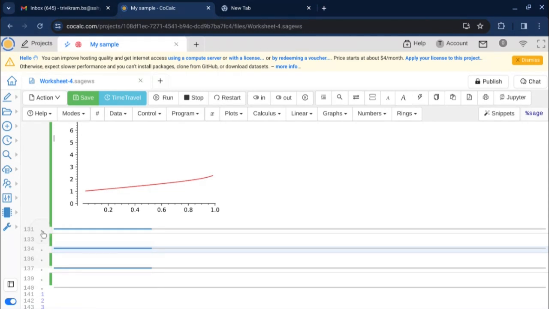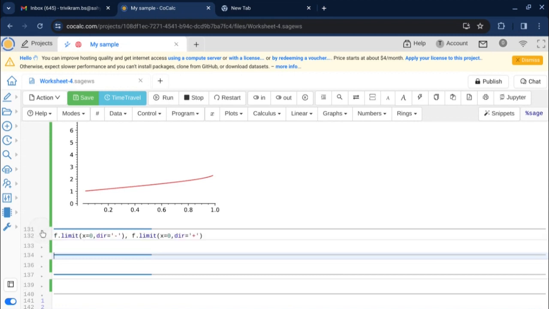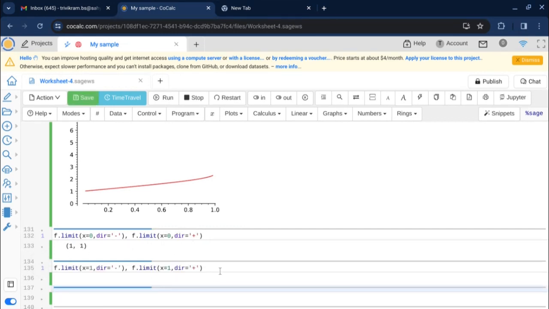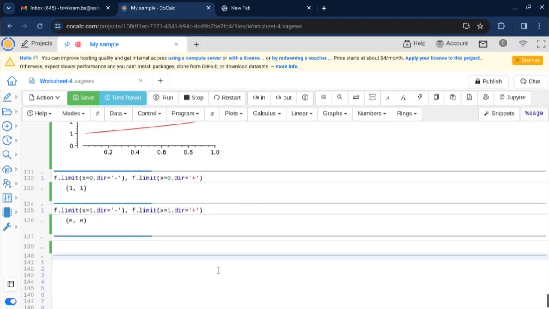Now I am going to find the left and right limits for this. 1 and 1 we will get, and since the left hand side and right hand side limits are equal, at 0 it is 1.